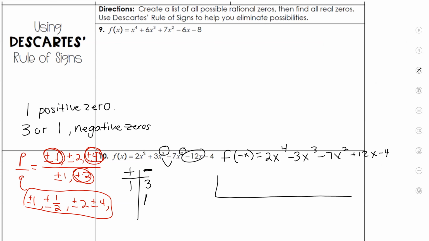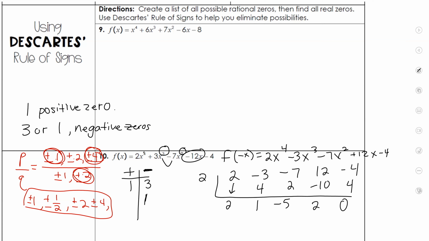Which one would you guys like to test? 2? Okay, we can do 2 then. Bring this down. 2 times 2 is 4. 1, 2, -5, -10, 2, 2, 4. Ooh, y'all were right on it.